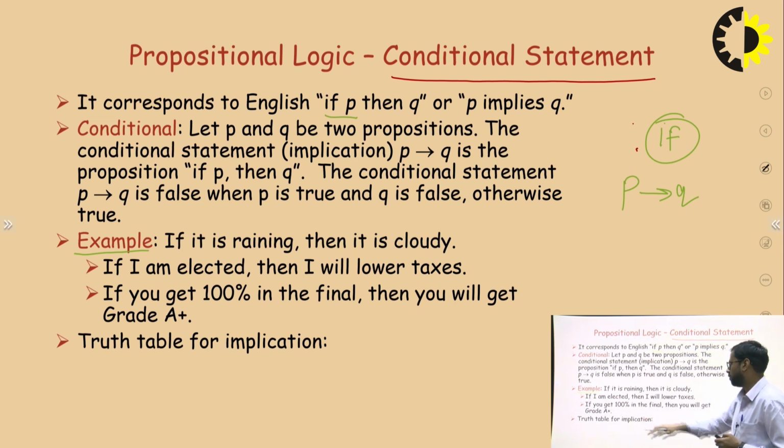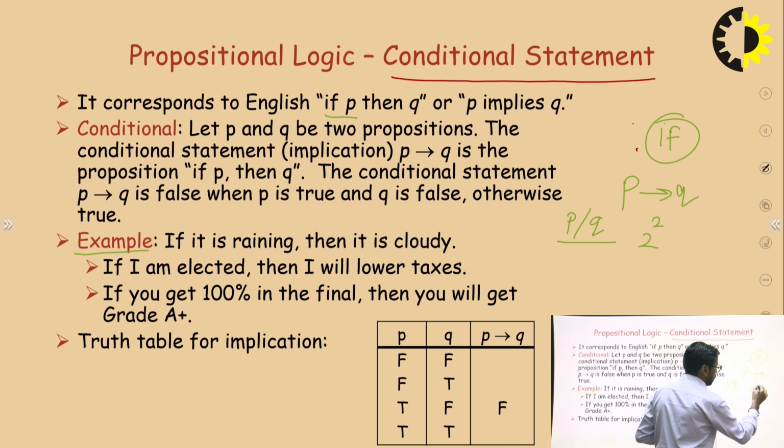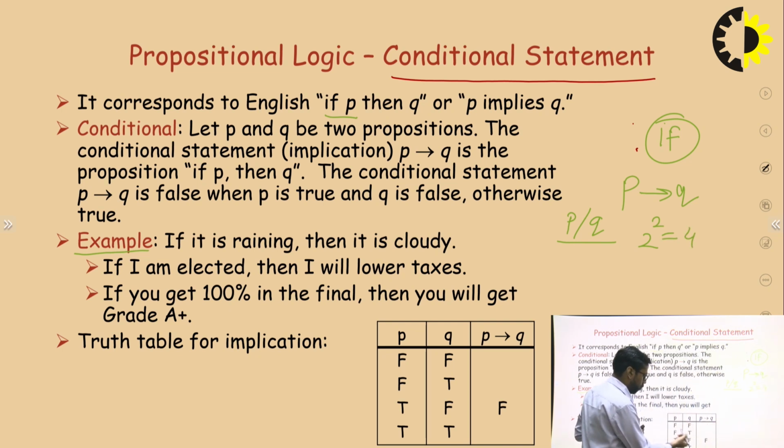So the truth table for implication is this. There are two predicates P and Q, so the total cases are 2 to the power 2, equal to 4. The values can be false false, false true, true false, and true true.